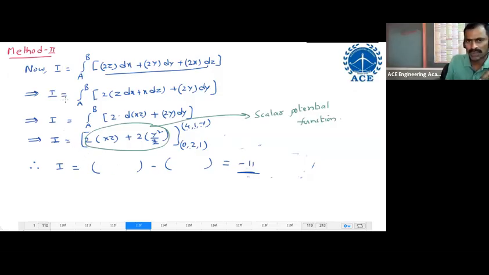If the function is irrotational, we can go for direct integration like this. For a given irrotational function, we find the scalar potential function and then substitute the upper limit and lower limit. This will give the required answer. Most of our GATE questions are like this only. It is a 2 marks problem. So instead of doing the problem by the previous general method, we can do it in this way.